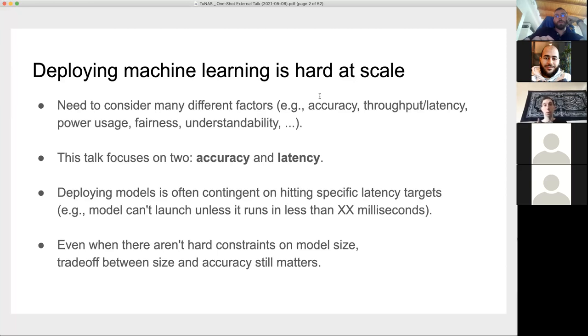Or you might have a server-side application where you want to respond to a client's requests within a certain number of milliseconds. And even for applications where there aren't strict constraints on model size or latency, there are very often important trade-offs between size and accuracy.